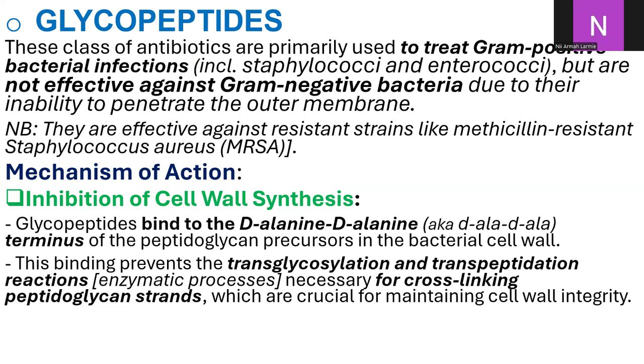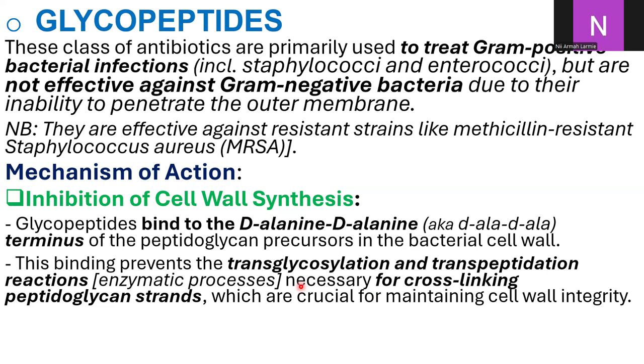All right. So once we have disrupted this activity, basically they result in the cell's death. Now, basically we can again see that because this class of drugs binds to the D-alanine, the D-alanine terminus is not available for the enzyme required for the transglycosylation reaction.